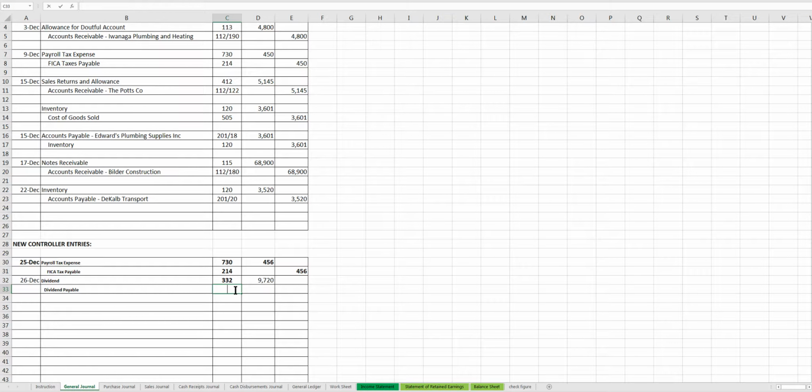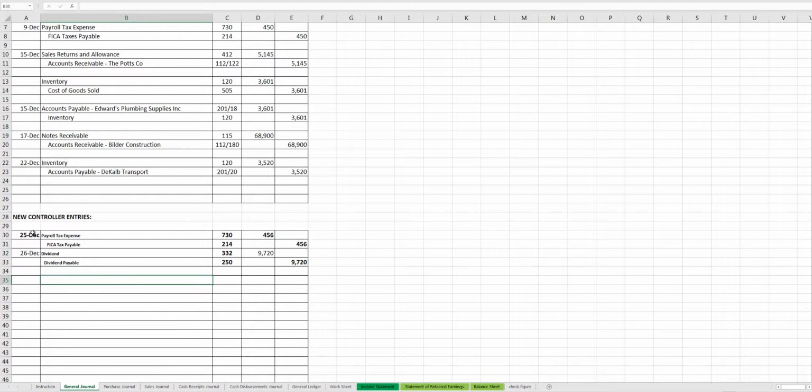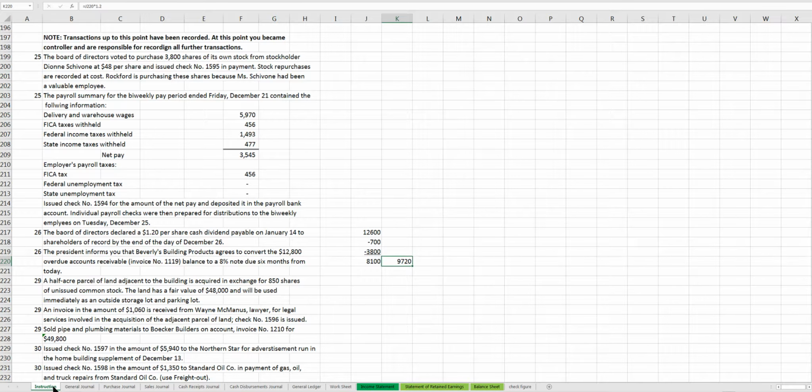Again, find out the account number. Actually, I'm going to use the formula to let it equal the debit. If you type, you may make a mistake, right? All right. This is a dividend.